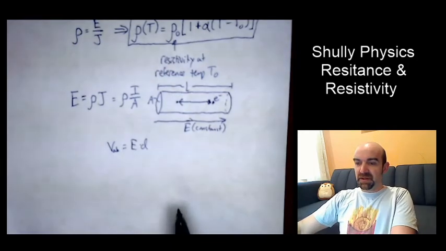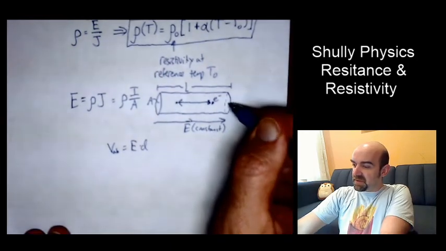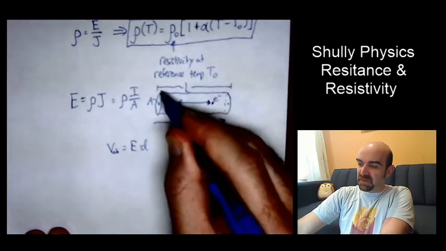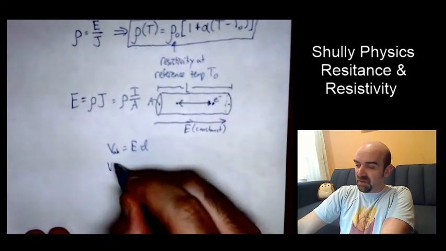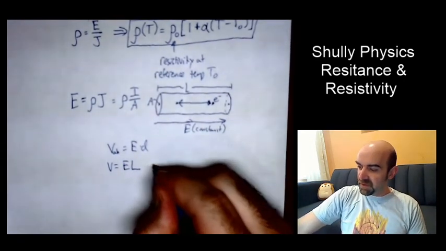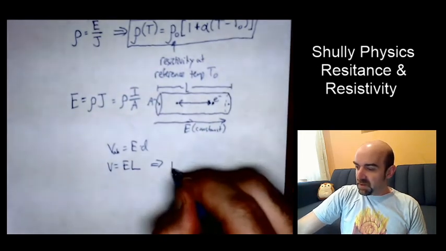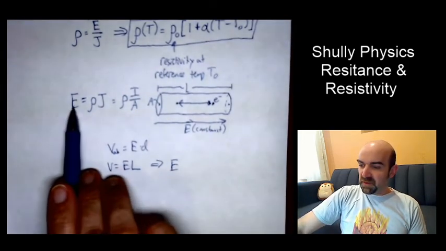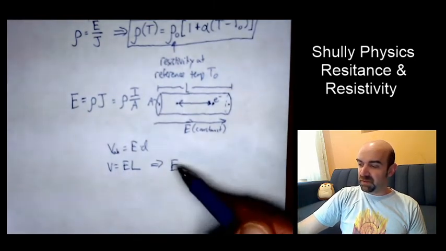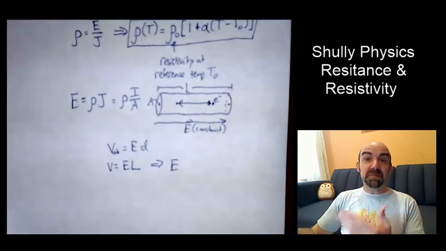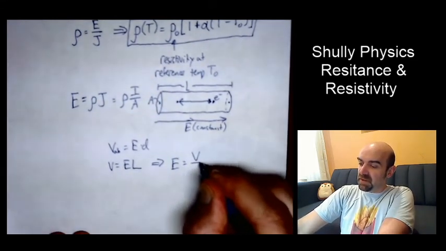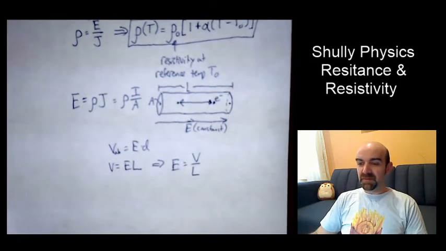Now in this case, if we move an electron from one side of the conductor to another, we've moved it the distance of the length of the wire. So we now have V equals EL. Or we can transform that, because we want to get rid of the E here, get rid of the electric field. We want this in terms of the dimensions of the wire. So this is going to pull in the length into our discussion, V over L.